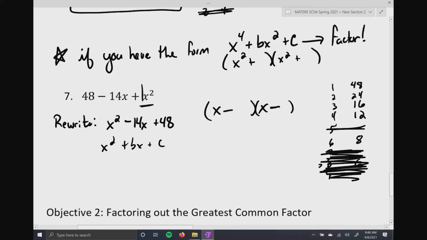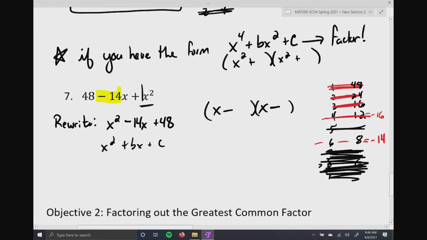I need two numbers to combine to give me negative 14. That doesn't happen here, here, not even here. Negative 4 minus 12 is negative 16, which is close, but it's not what I need. Negative 6 minus 8.